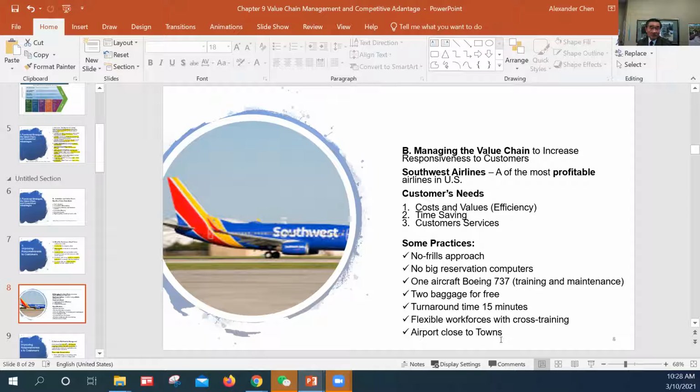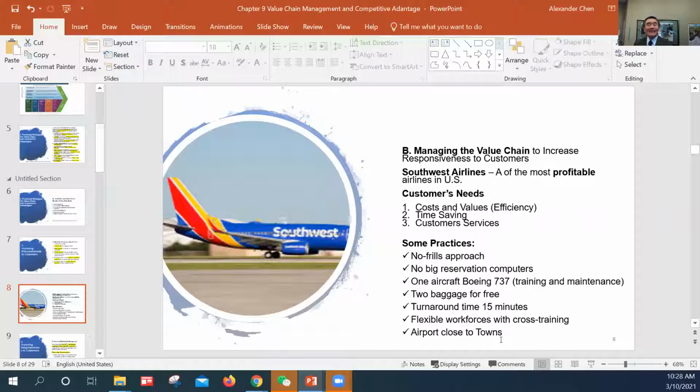Problem comes. In Dallas, they use the old airport. So it's your responsibility to get your luggage out from Love Field and take a taxi 40 minutes to the new airport. So they are not designed for international trips.